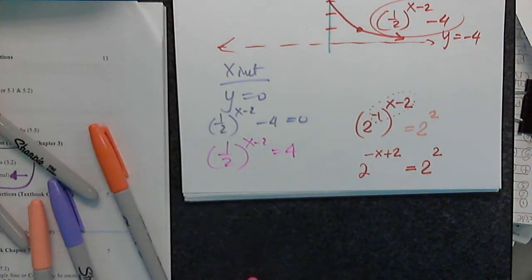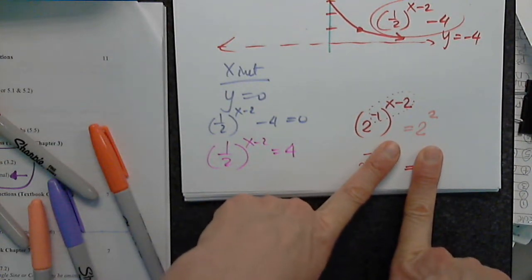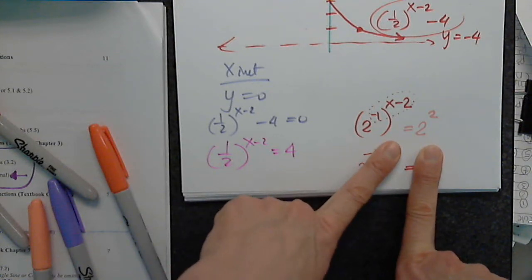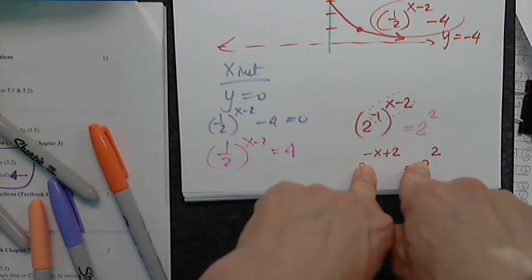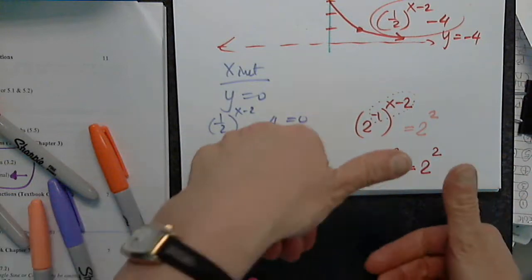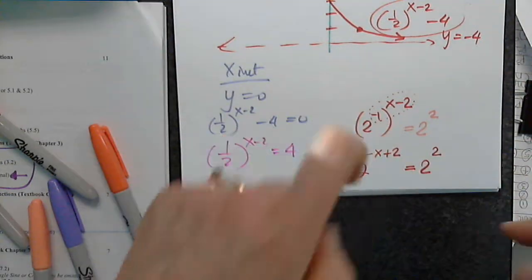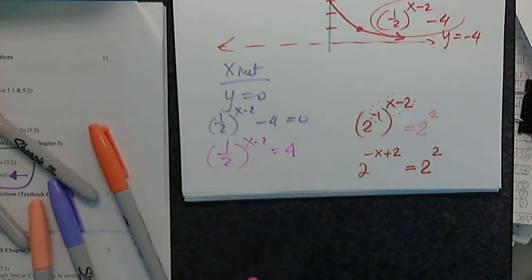I'm not simplifying, I'm not canceling, I'm not doing anything but this. I'm asking myself, two numbers are equal. That's what the equation says. Two numbers are equal, and they have the same base. What has to happen? One more time. Two numbers are equal, and they have the same base. What has to happen for the left to equal the right?